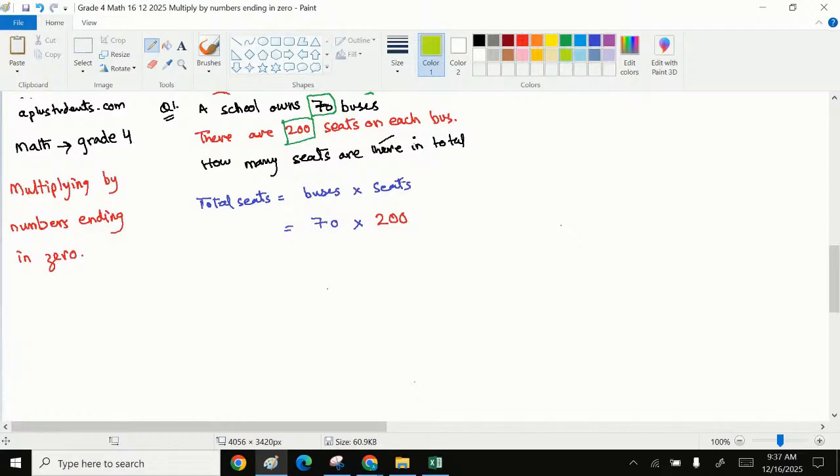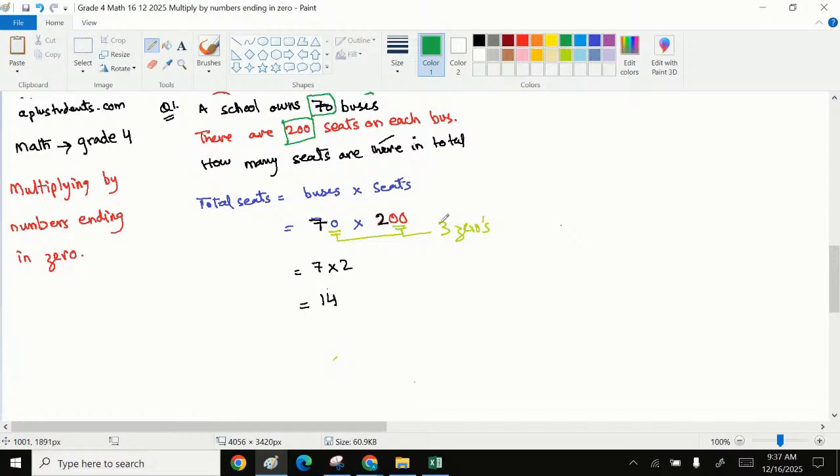But before doing so, we need to count the number of zeros. In total, there are 3 zeros. So we multiply 7 times 2. And we know that 7 times 2 is 14.